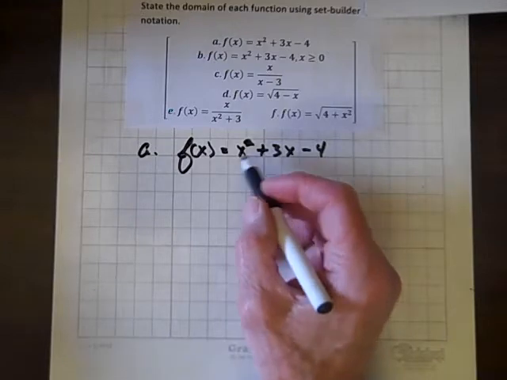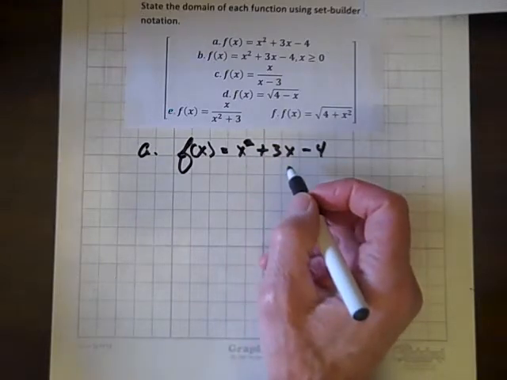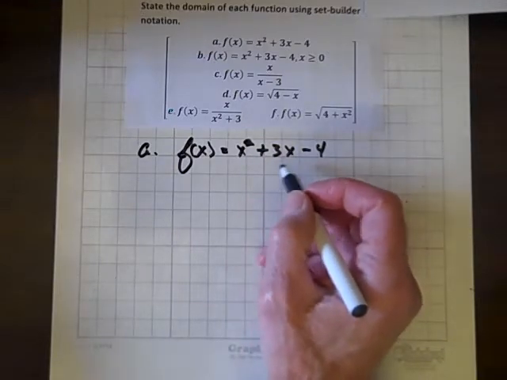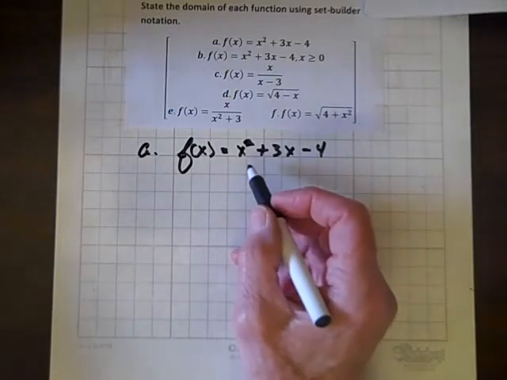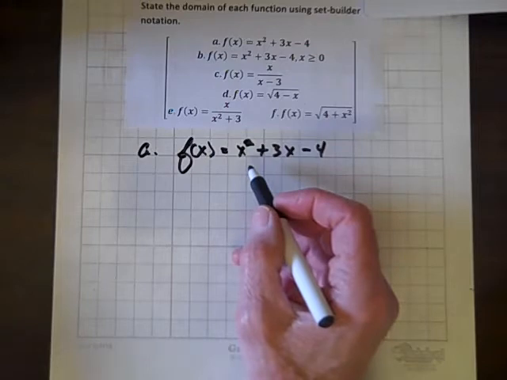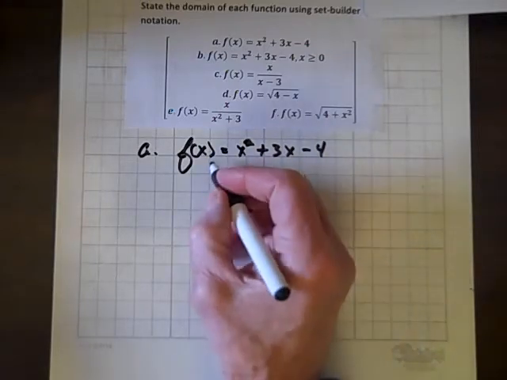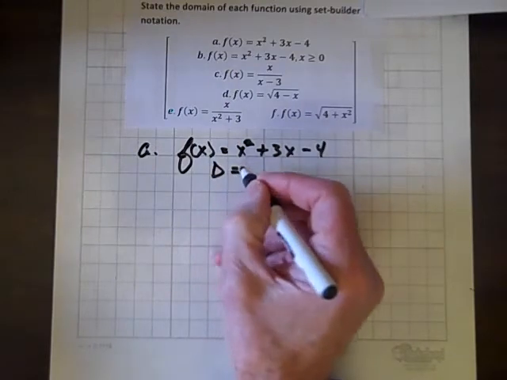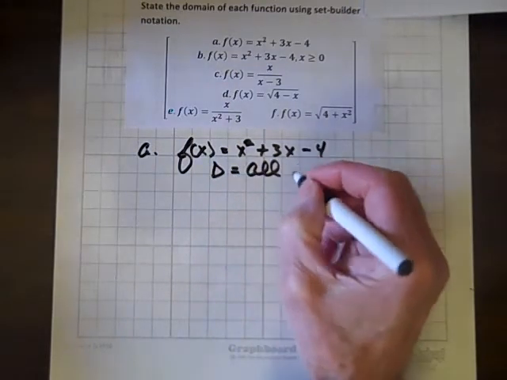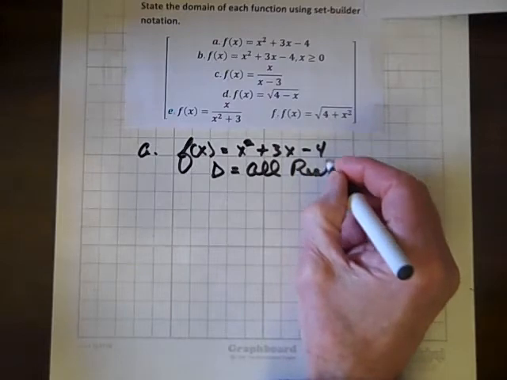Next, are there any variables under an even radical? And again, there are none, so there is no possibility of taking an even root of a negative number. So then the domain is all reals.